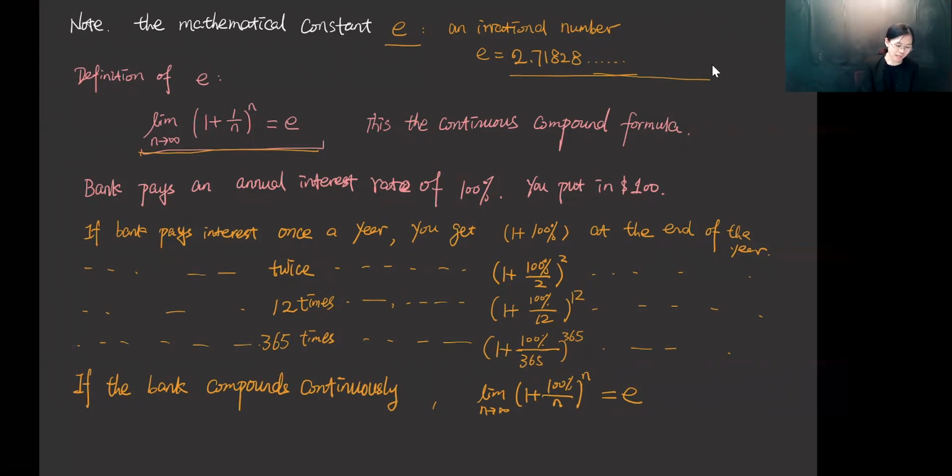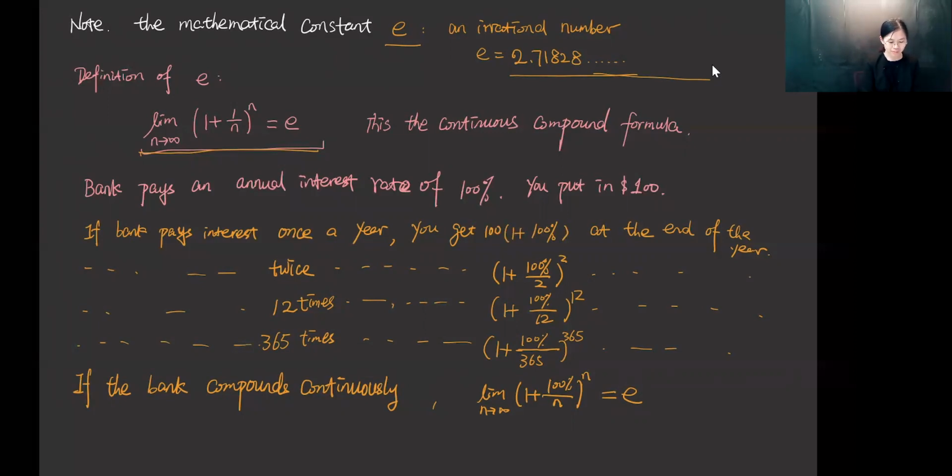Well, that depends on how the bank pays the interest. If the bank pays the interest once a year, then what you get is 100 times 1 plus 100%. So you get $200. If the bank pays the interest only once a year, there is no compounding. It just pays you a 100% interest rate at the end of the year.